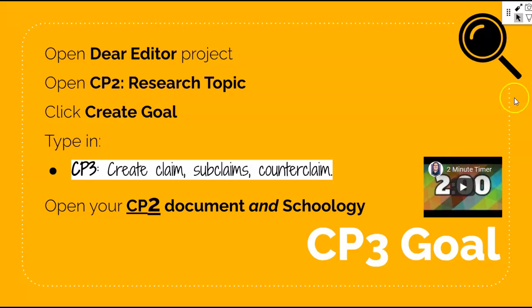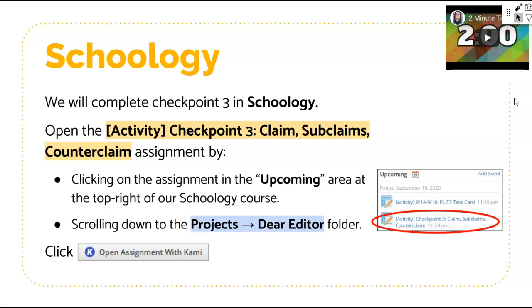Once you have those pieces open, in Schoology, you are going to open the activity, checkpoint 3, claim, subclaims, and counterclaim assignment. You can do that by clicking in the upcoming section on our Schoology course that's on the right hand side, and under that upcoming calendar you should see the activity here since it is an assignment that is due this week.